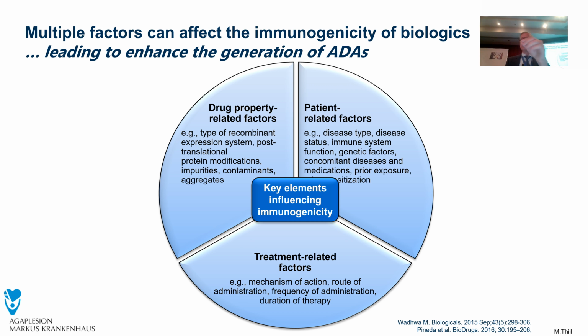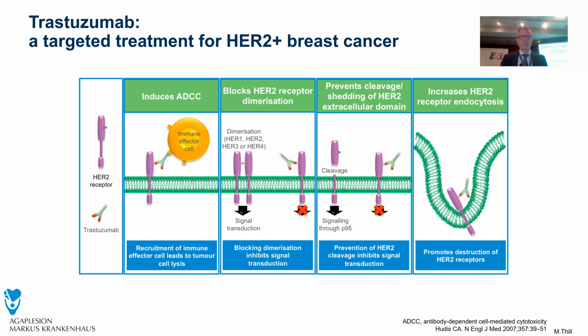When I talked about a sensitive patient population, this has something to do with immunogenicity. And when I talked about different lines of treatment and changing the cancer cells, this has something to do with immunogenicity. And of course, the mechanism of action, the route of administration, frequency, duration of therapy, and so on.